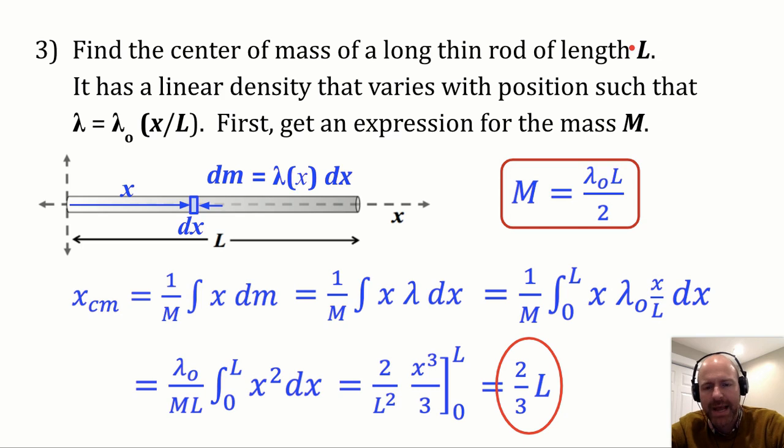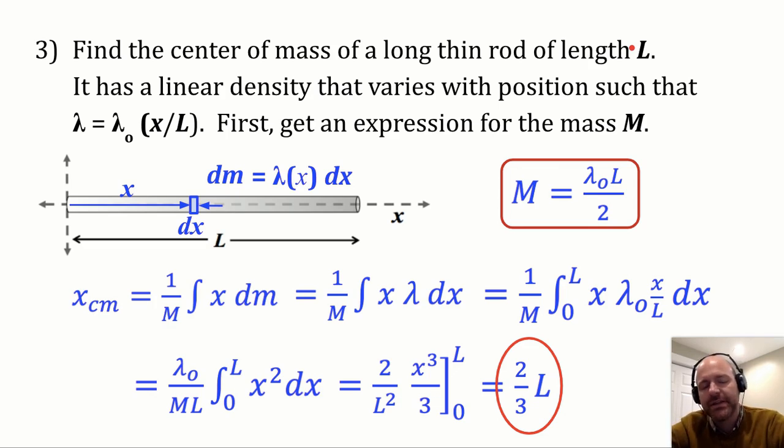The x center of mass is 1 over m times the integral of x dm. We're replacing dm with lambda dx. But lambda is no longer a constant. It is now in terms of x. And the total mass of this is something else we need to figure out, because the total mass will be adding up all the little bits and pieces.